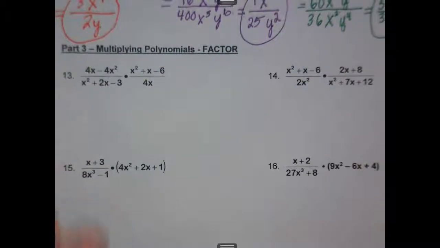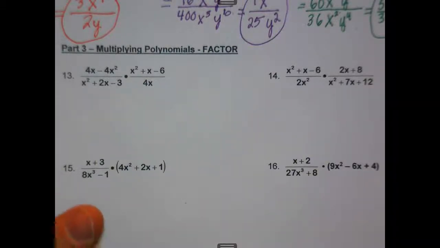Number 13, now we get to multiply them. Now, these are going to have to factor and then cancel out before you multiply. Otherwise, you're going to be dealing with huge polynomials.